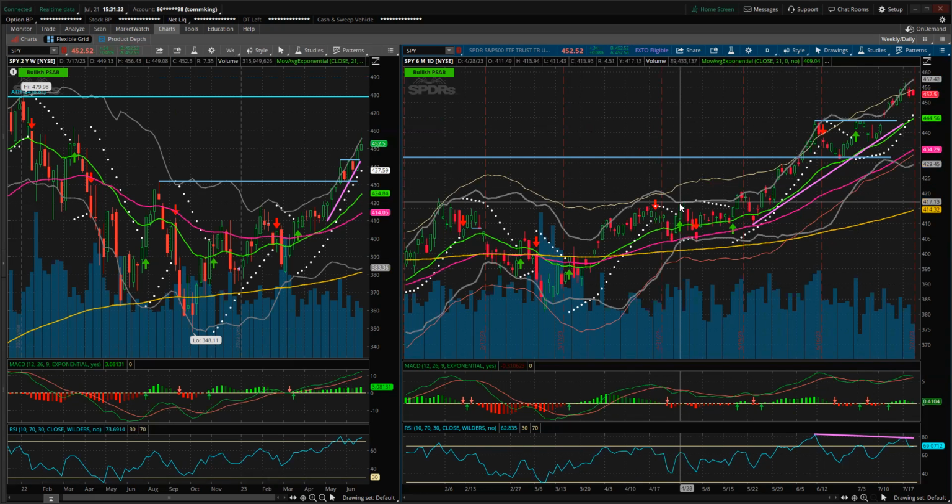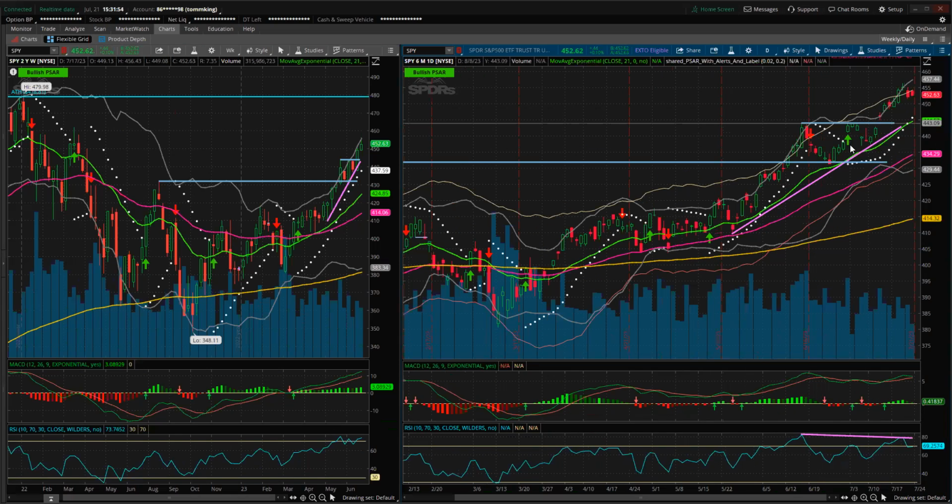Here they got tight, they stayed tight, and then as soon as they started to open up, this move started to really happen, and you can see us just popping up and bumping against the top edge of the Bollinger Band until it started to get tight again, and we got really tight in here. This is a great thing to take a look at when you're looking at SPY.